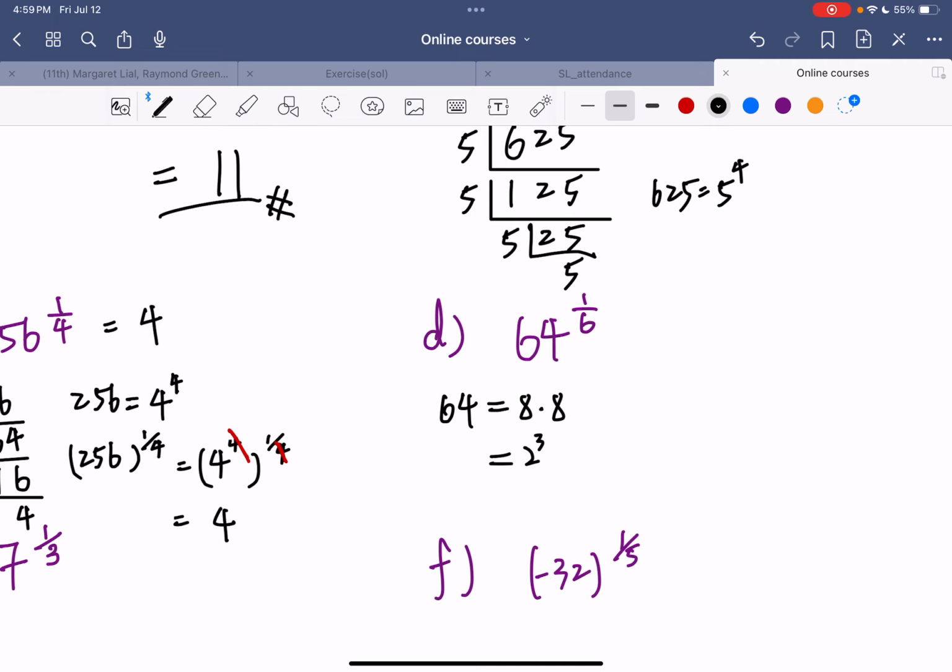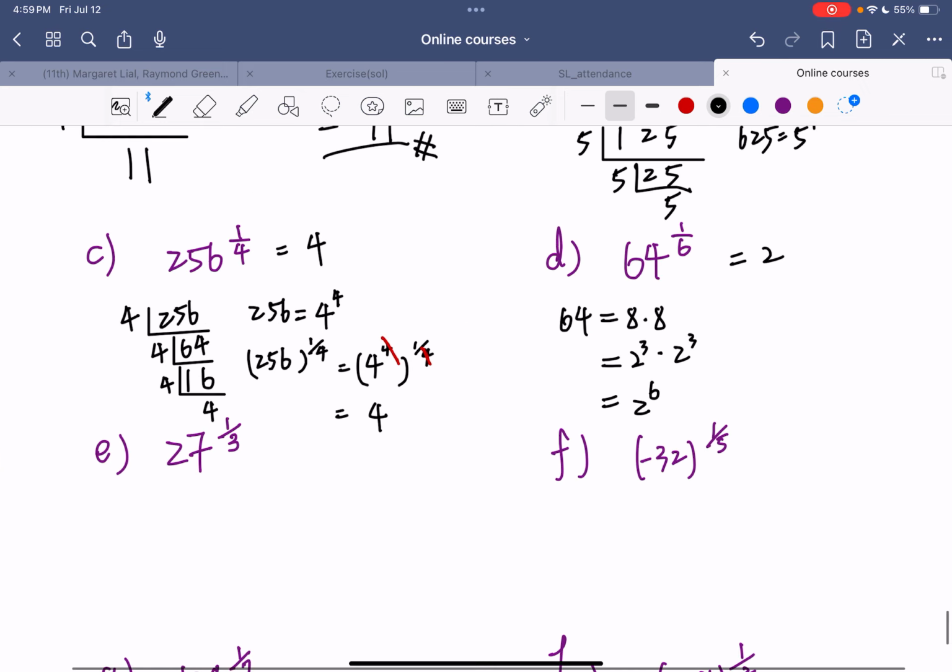Yeah, 2, there are 3 2's, they times each other. So 2 with power 3, 2 with power 3. And then we put them together, we got 2 of power of 6. So we can write this will become 2.